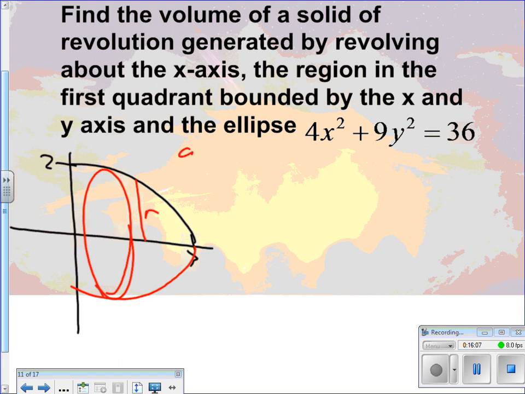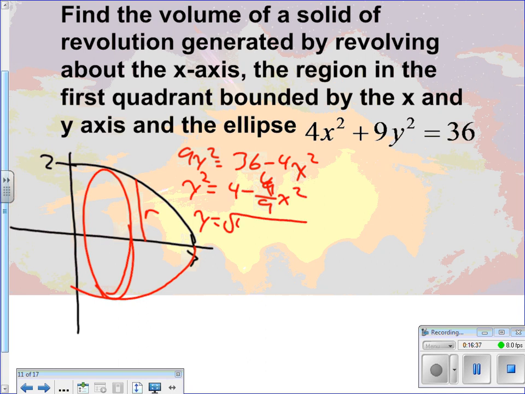So I get 9y squared equals 36 minus 4x squared. Sorry, thank you. Divide by 9, y squared equals 4 minus 4/9 x squared. Square root both sides, y equals the square root of 4 minus 4/9 x squared.